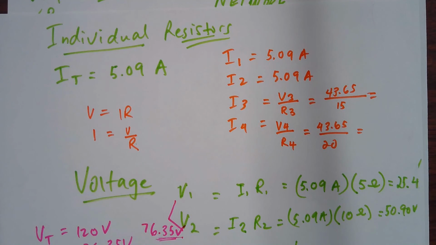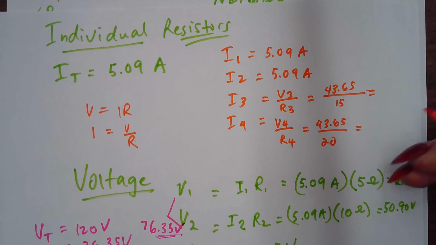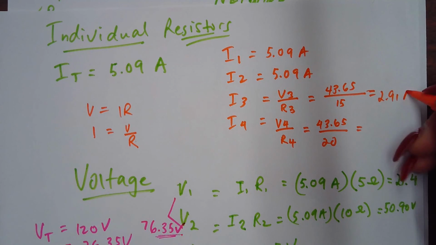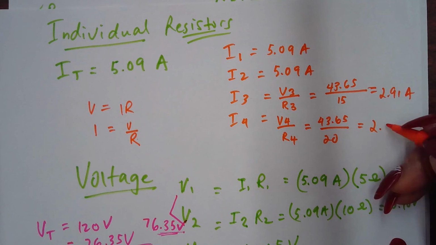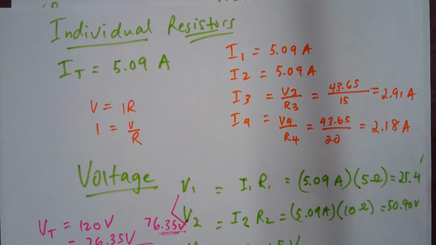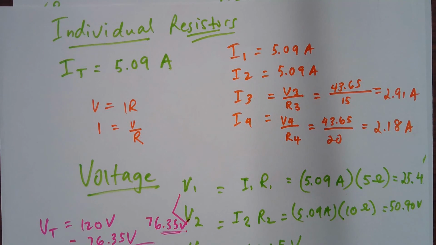Okay, let's just put in the numbers and let's analyze what they mean. 2.91 amps, and this one here is what you get? 2.18 amps.